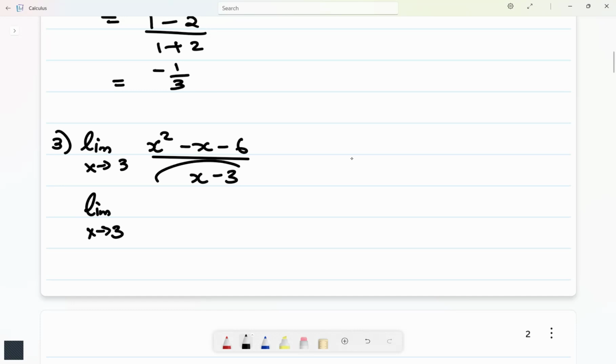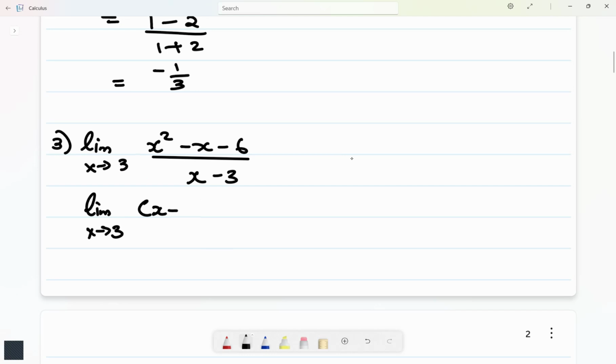How can I remove this x minus 3? Because it is the one that disturbs me from substituting x equal to 3. Because when you punch this on your calculator, it's going to give you an undefined error.